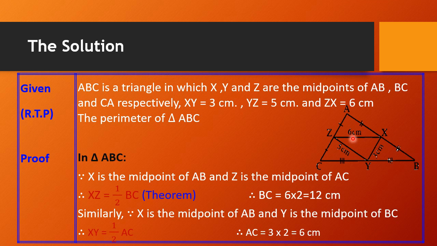Similarly, since X is a midpoint of AB and Y is a midpoint of BC, then XY equals half AC, then AC equals 2 times 3 equals 6 centimeters.